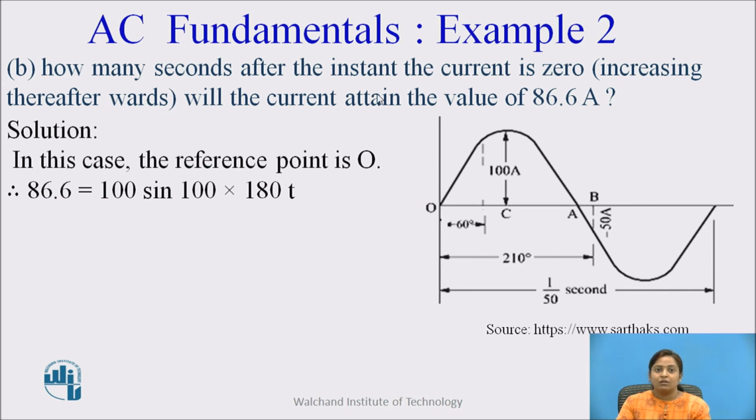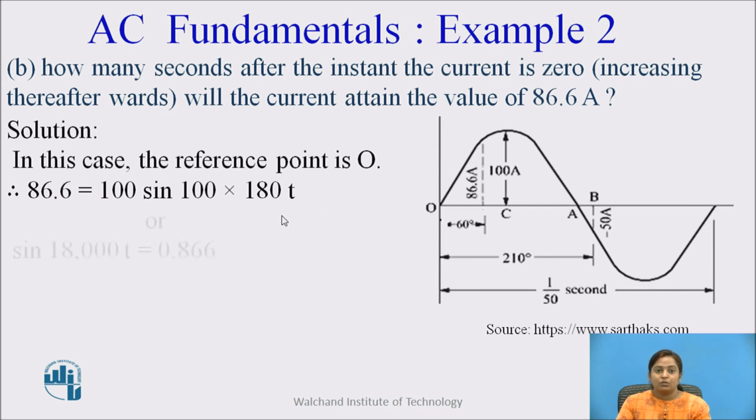Because increasing thereafter means the current is increasing after 0, so this section is there. So in this section we can write the equation as I is equal to Im sin omega t directly. Then put the value of the instantaneous current which is given here. Put the peak value, put the omega value, and we just have to find the value of t here.